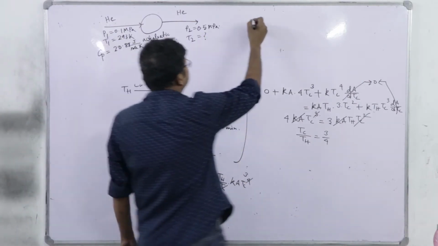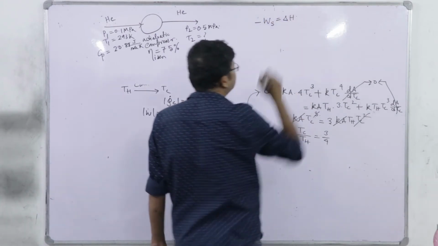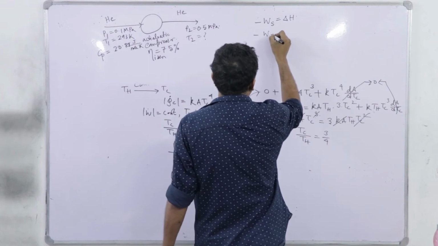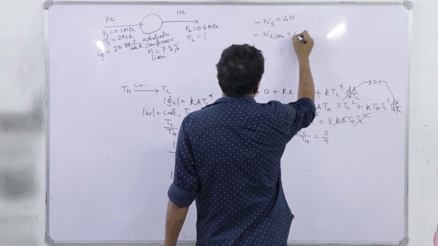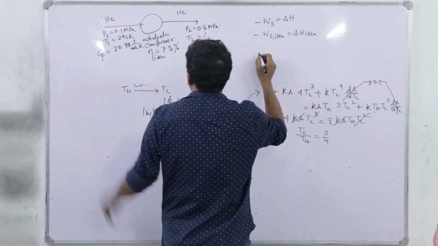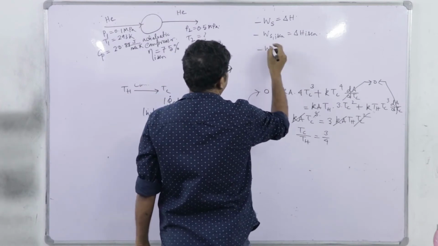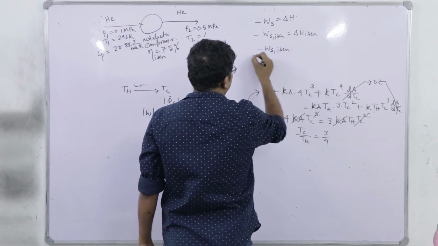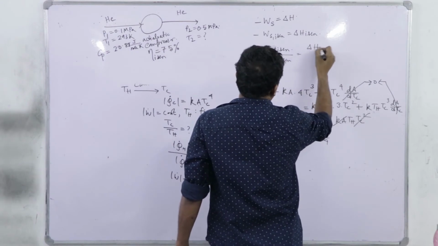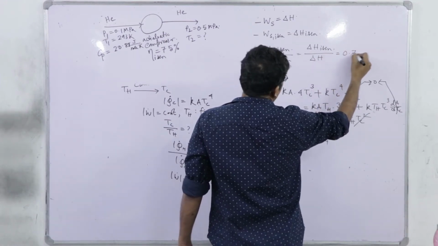You see, for compressor, minus of Ws dot or minus of Ws equal to delta H in terms of per unit mass basis, and minus of Ws Isen equal to delta H Isen, isentropic expansion. And in compressor we are giving what? So, minus Ws is positive and isentropic work required will be less, which is delta H Isen divided by delta H, and that is equal to 0.75 efficiency.